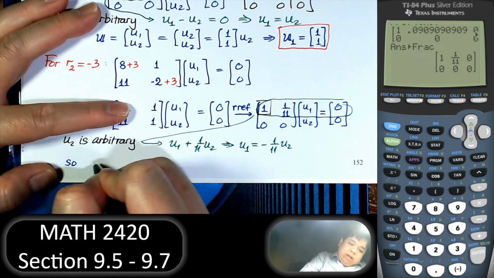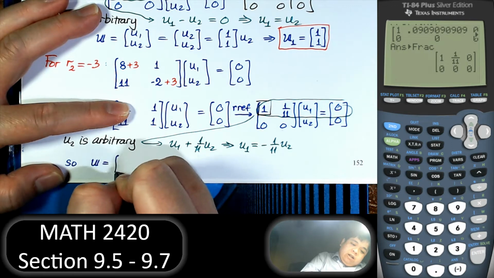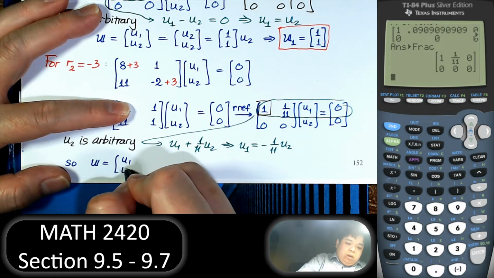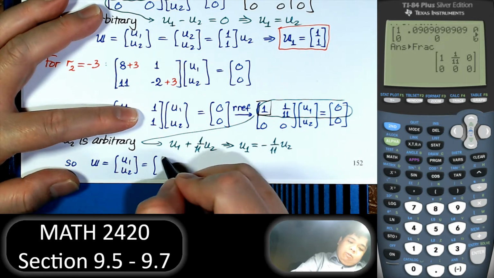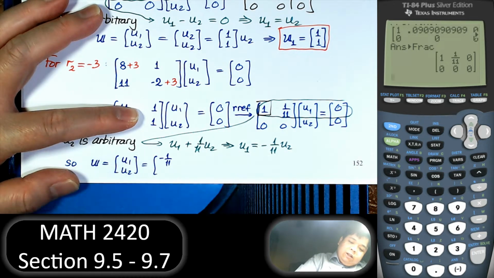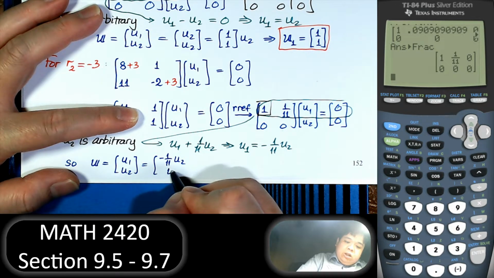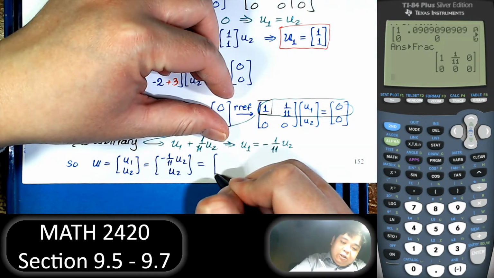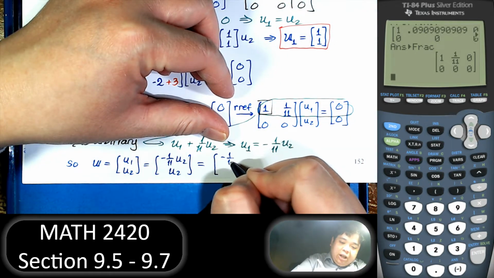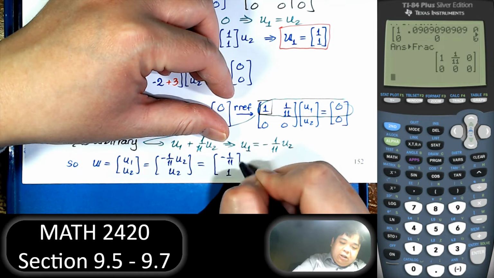So we can say the eigenvector of U1, U2 is equal to -1 over 11 U2, and U2 is just U2. Now factor out U2, we have -1 over 11 and then 1, times U2.